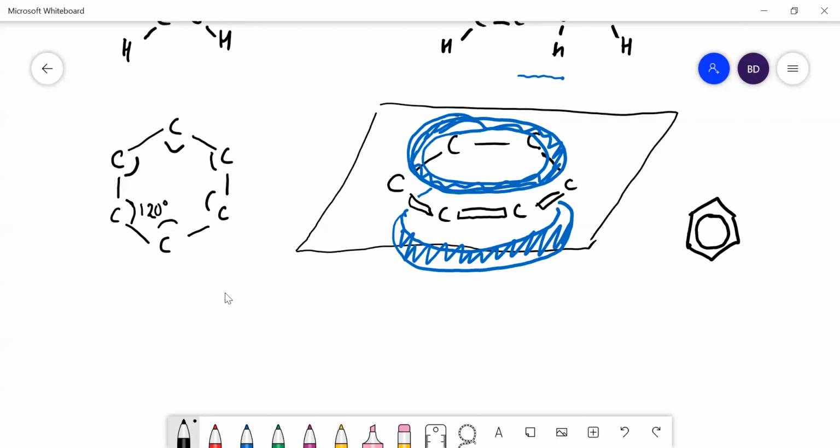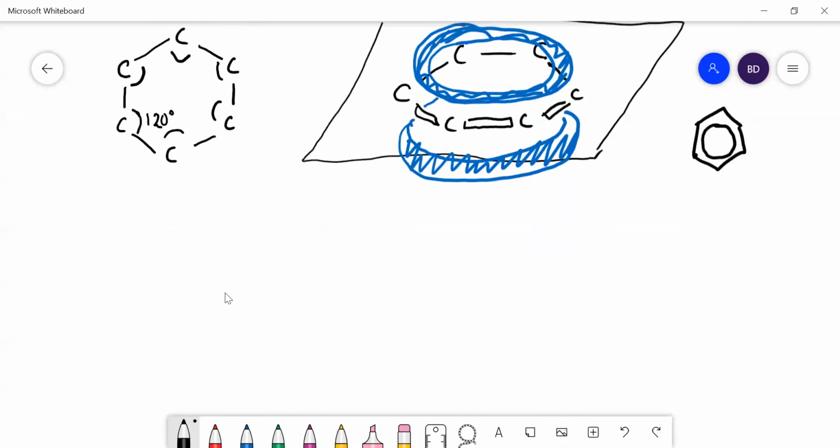Now, for a long time, people thought that it was alternate single and double bonds. And the first person who proposed this was called AQA, and so this is called the AQA structure.